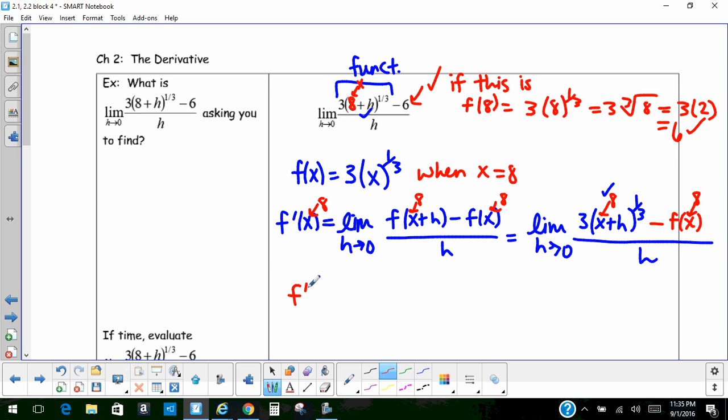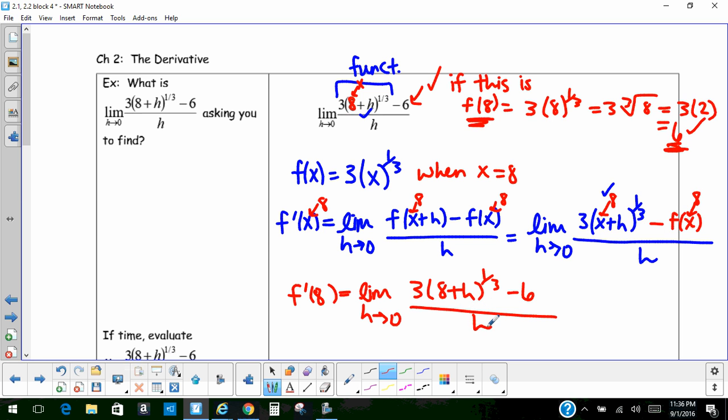Yes, f prime of 8 is equal to the limit as h goes to 0 of 3 times 8 plus h to the 1/3 minus 6, because 6 was f of 8, all over h. So then when it says, what is this asking you to find?